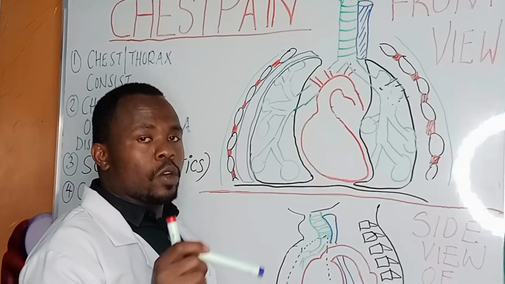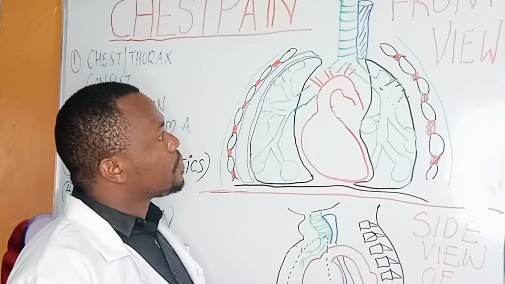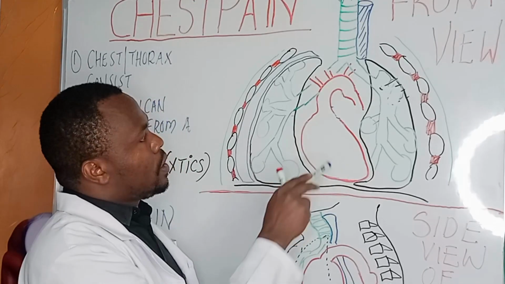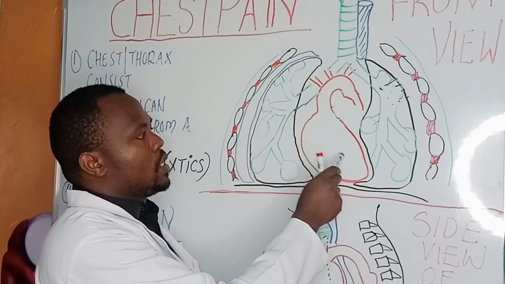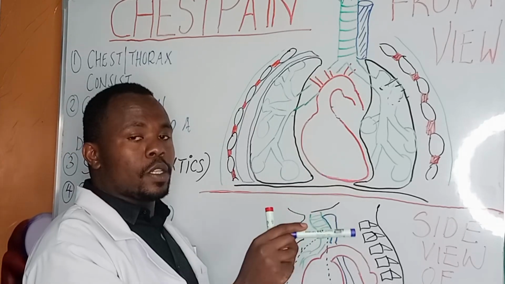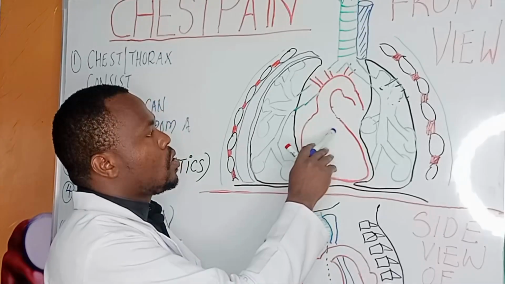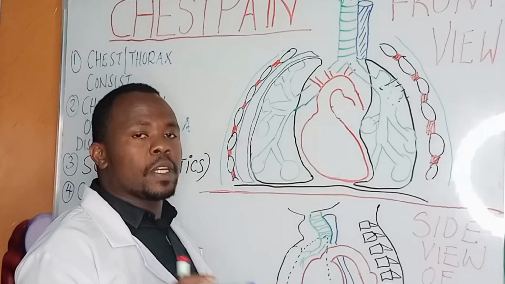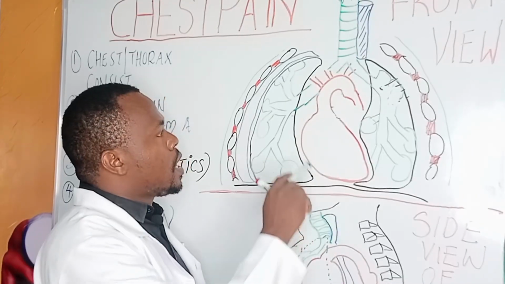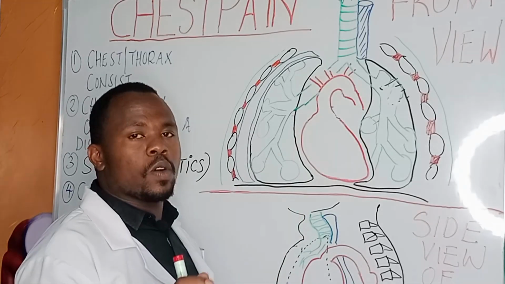Food pipe usually passes through the chest. Then we have the heart. We have the heart, which is at the center or in between your two lungs, and also there is one of the major arteries that come out from the heart, which we call the aorta.